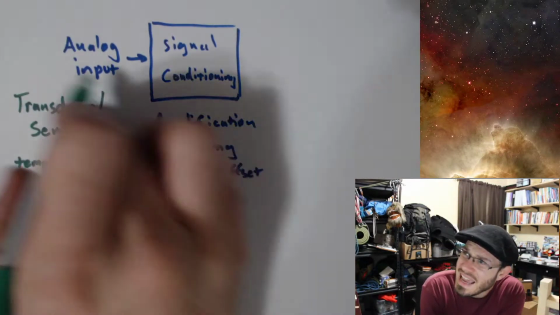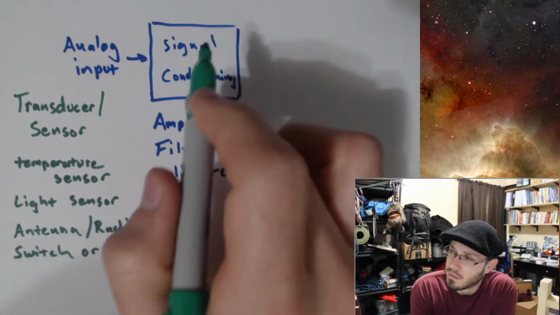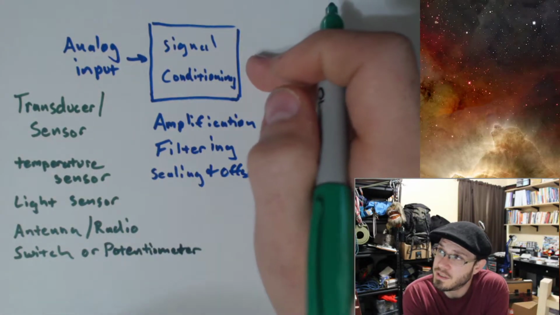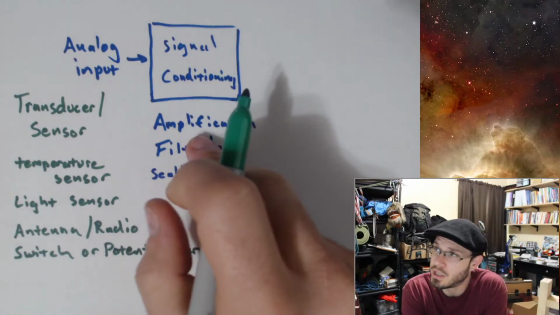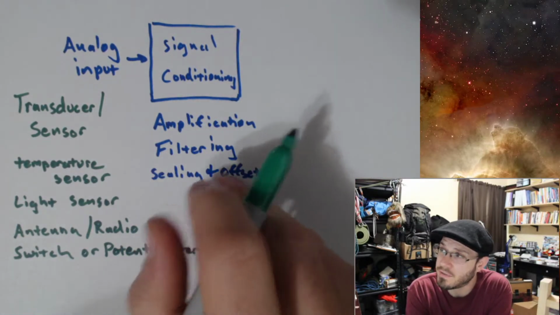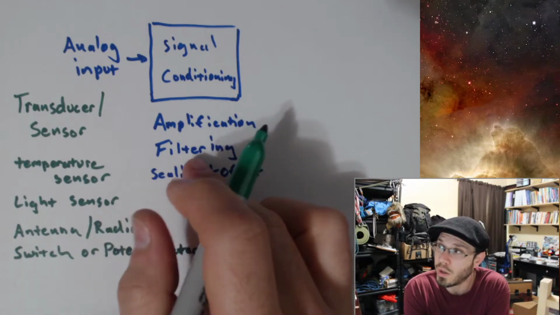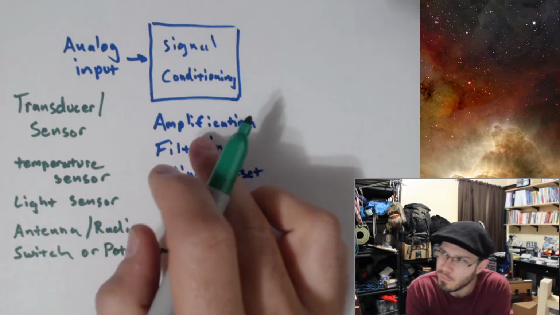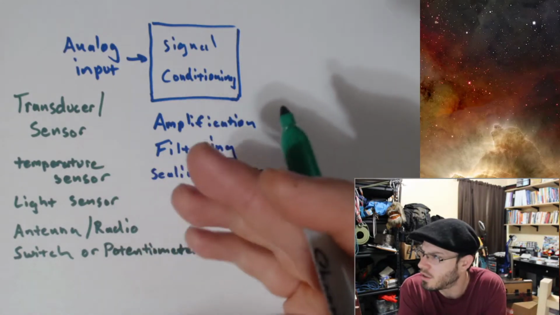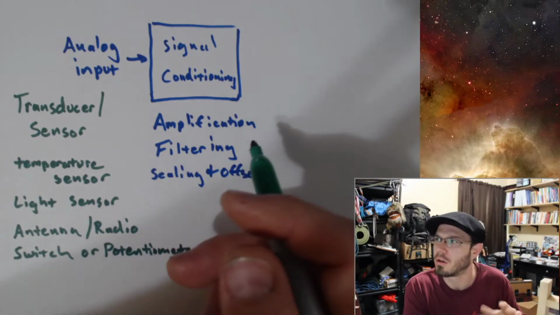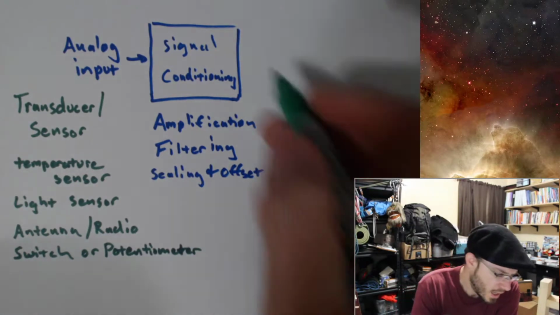Whatever the source is, 99.9% of the time, you're going to have to perform some signal conditioning on it. We're going to have to adjust the scaling and offset, maybe filter out some frequencies, some unwanted noise from it, and more than likely amplify it. Either amplify or attenuate, make the voltages smaller or make the voltages larger.